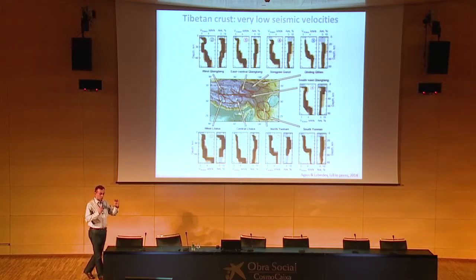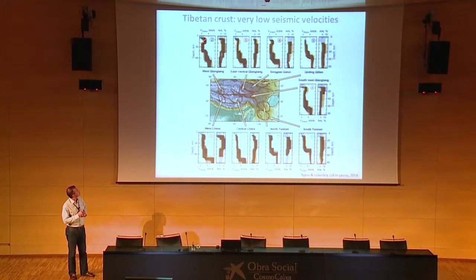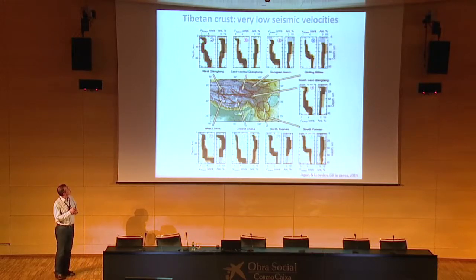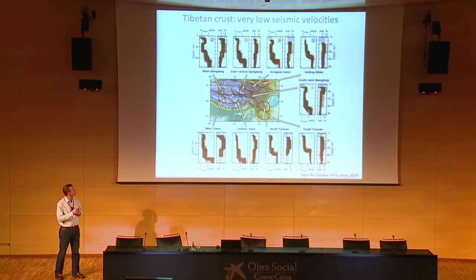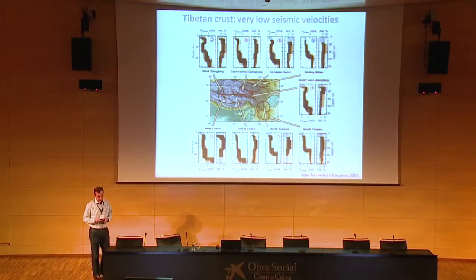Now, if we focus on Tibetan crust, it shows very low seismic velocities. The middle crust shows a low-velocity zone in the northern part of Tibet, with a decrease below about 20 kilometers. In the southern part, there is not such low velocity, but nevertheless, it's very slow.